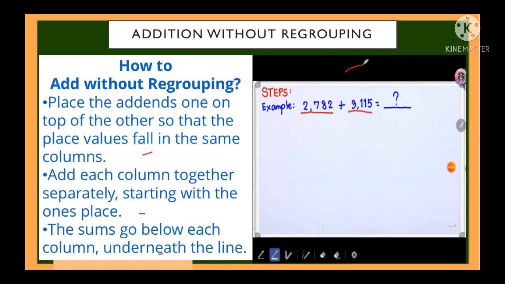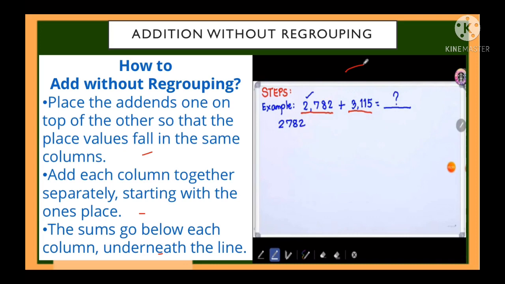So how to find those? Okay, so we need to just write or line up the numbers. I will start with 2,782. We need to also follow the place values of each number so that the number on the top and the bottom will be the same place value.